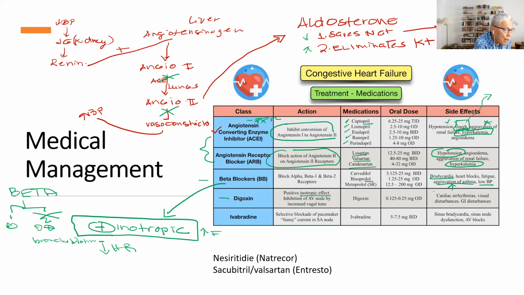And the problem with digitalis is toxicity. So these are the side effects and manifestations of digitoxicity, including your visual disturbances. Usually a yellow haze is a claim that patients will have, and also GI disturbances such as loss of appetite.